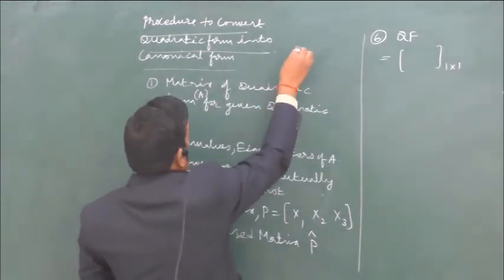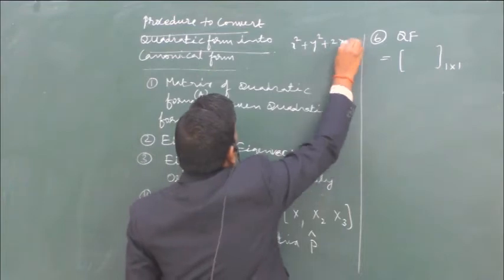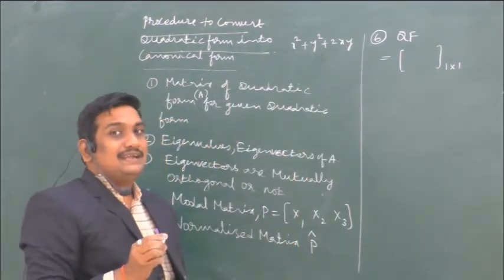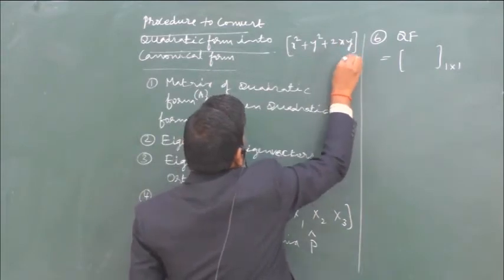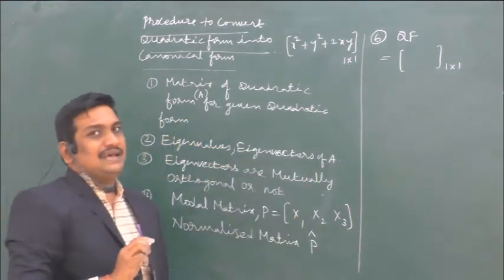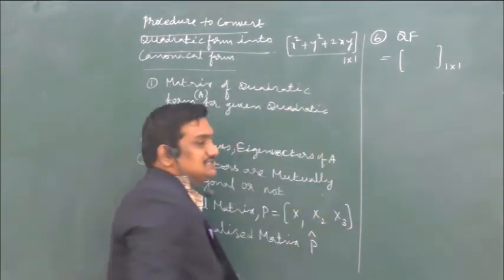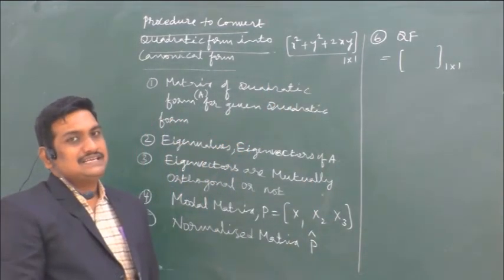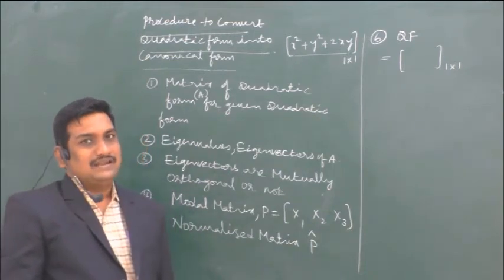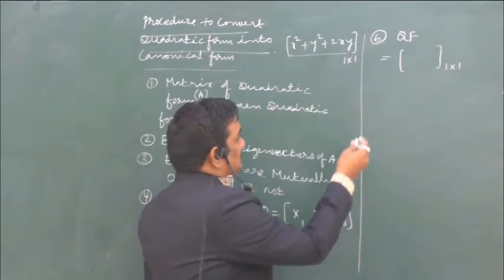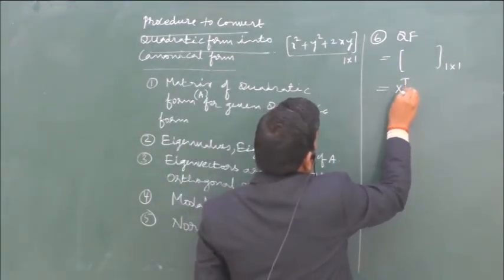For example, if x square plus y square plus 2xy is the quadratic form, since there is only one element, you can assume it as a 1 by 1 square matrix. The 1 by 1 square matrix is the same as X transpose AX.